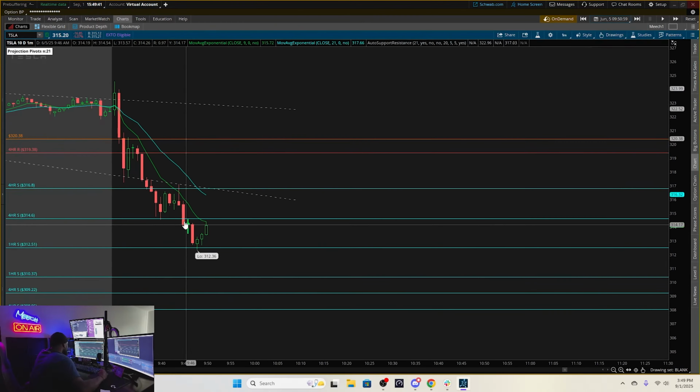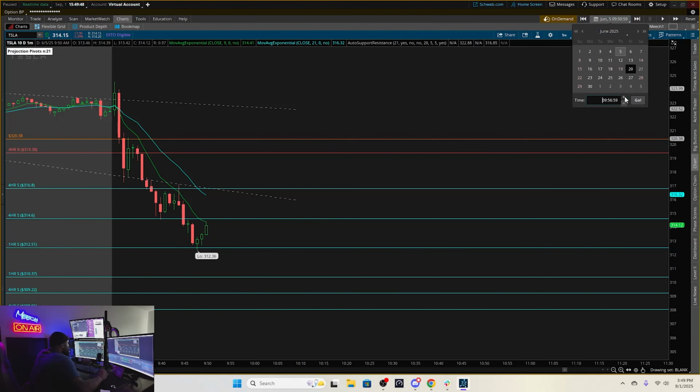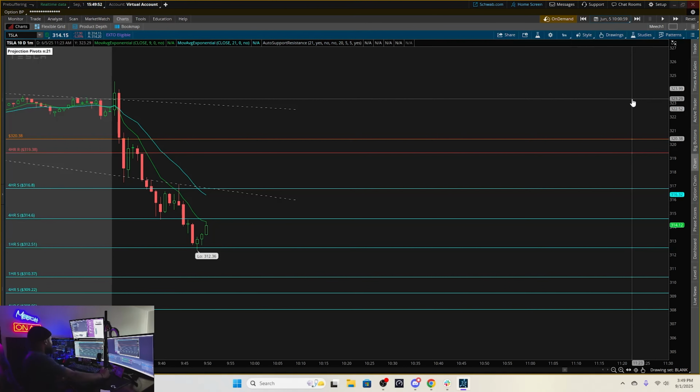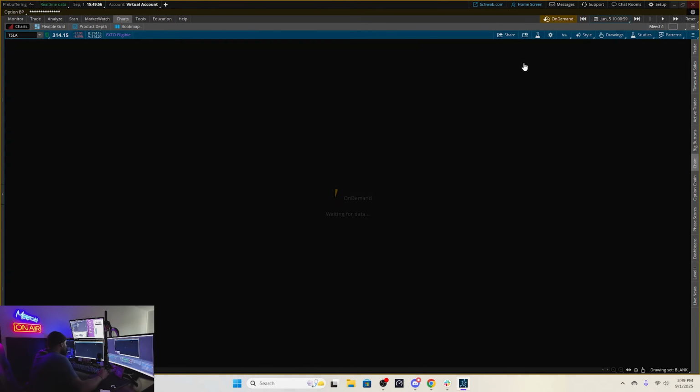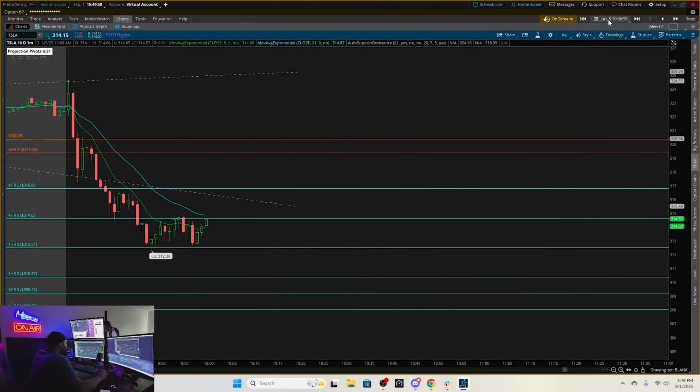Boom. Reject this area again. Now we're coming down to the next support area. Okay, consolidating and bouncing. Let's see what happens. Let's see if we could hold.